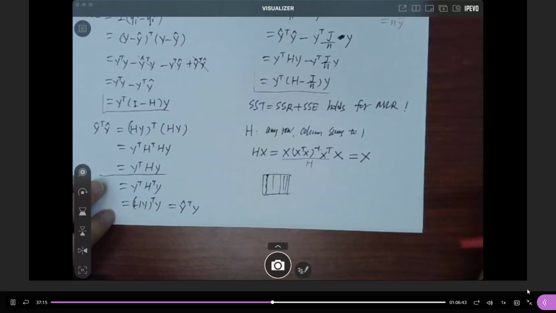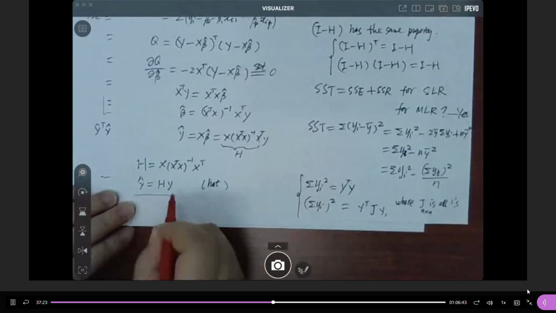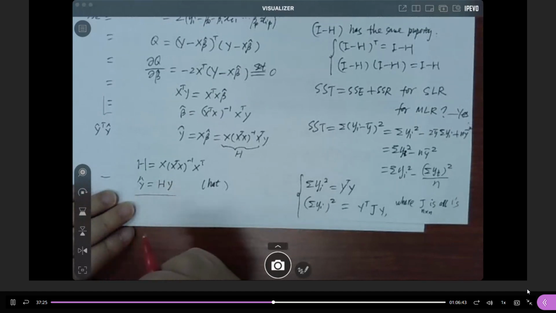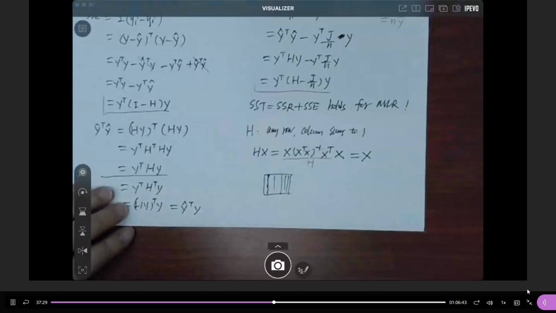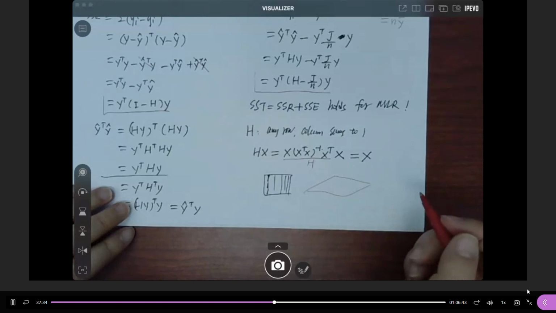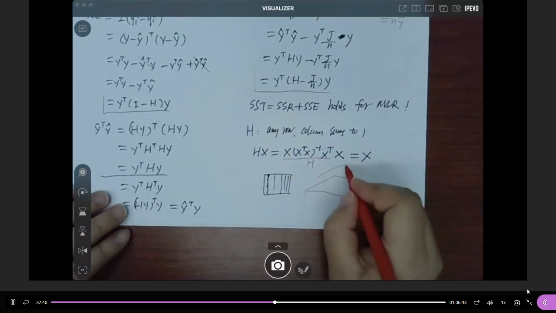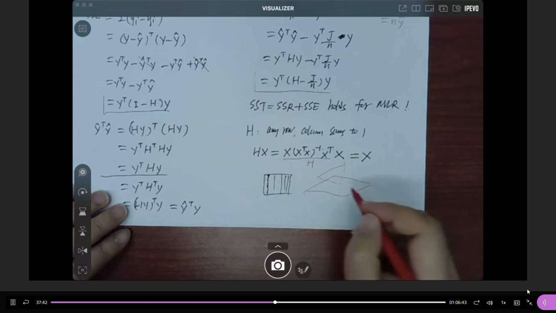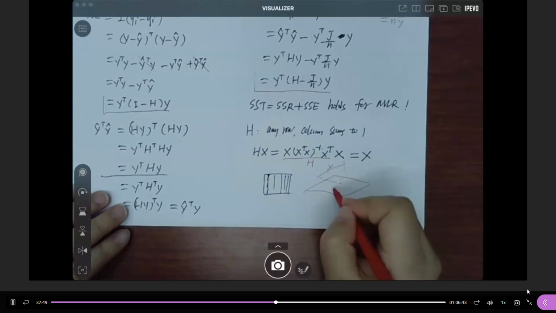On the other hand, remember H is also a projection matrix. It projects Y onto Y hat. The plane we try to project to is the plane spanned by all the columns of X. For ease, I will just draw a 2D plane. If you take any vector and have H project it, the image will be a vector in the plane spanned by the columns of X. So let's say this is your Y. This will be projected into Y hat.